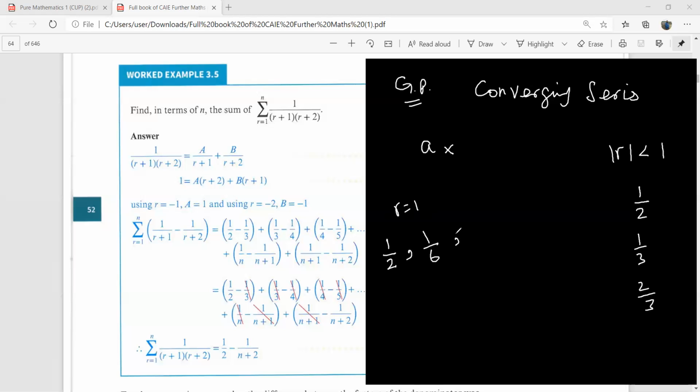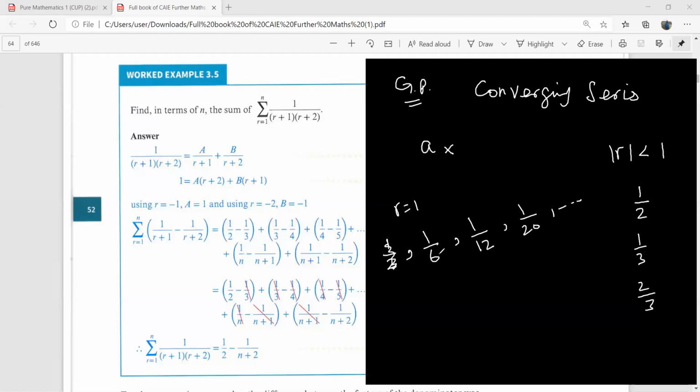If you put your r as 3, this is 3 into 4, 12, so this one is going to be 1 over 12, and the next one would be 1 over 20, and so on.